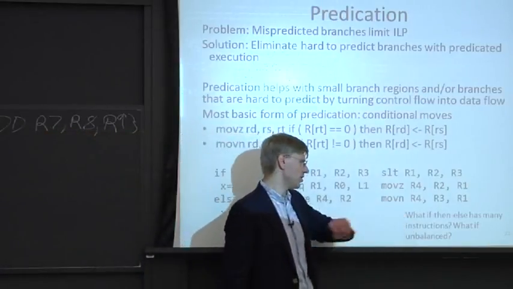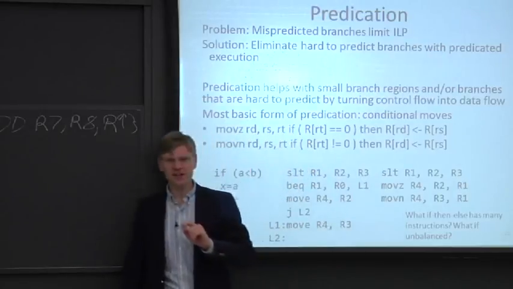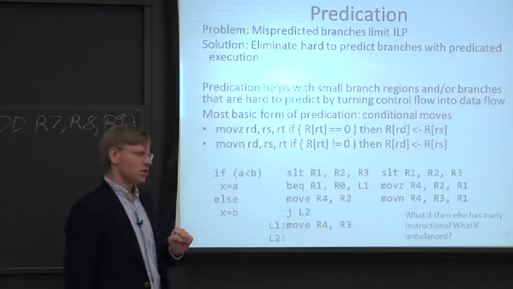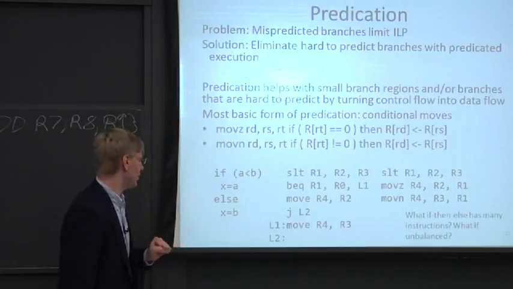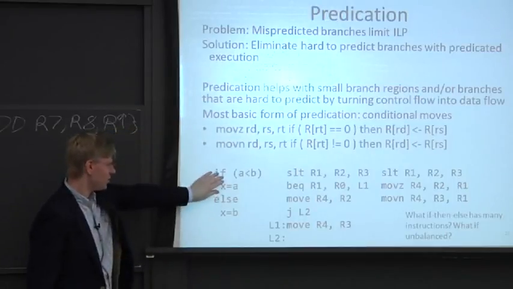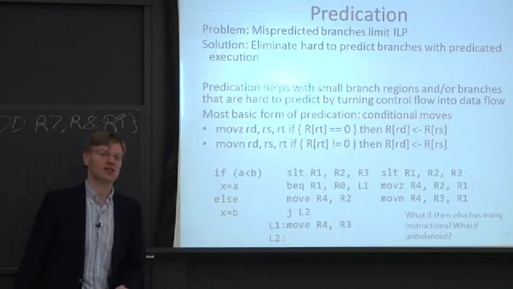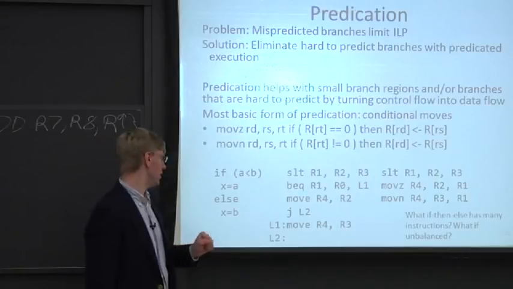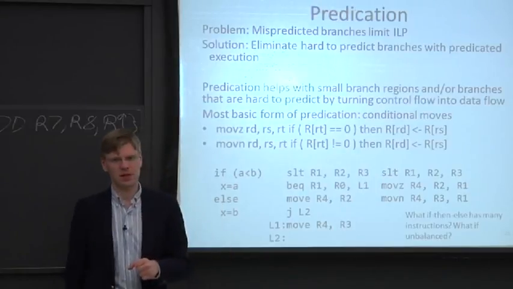OK, so we bring up some questions here. What if the if, then, else has lots of instructions? Let's say we have if, then, else here, but there's 1,000 instructions here and 1,000 instructions there. Should we predicate this?